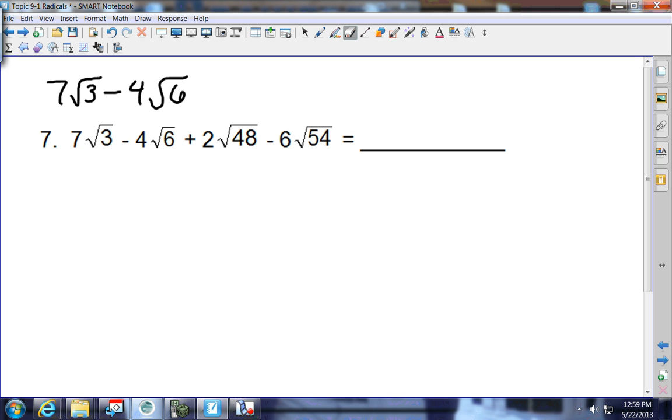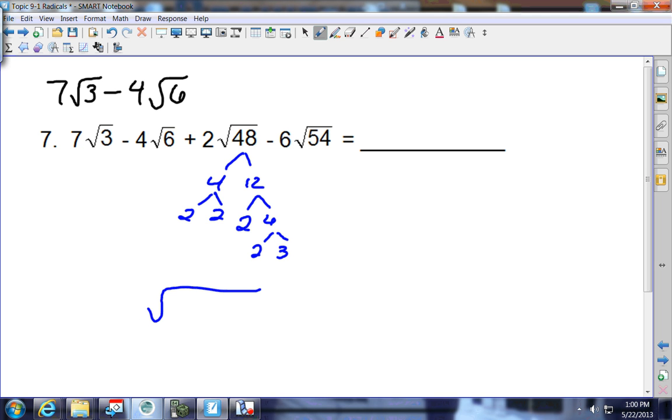But I have to look at 48. 48, 4 and 12 works. 4 splits up as 2 and 2. You can do 2 and 24. It doesn't matter. It's as long as the prime ones down at the end are all the same. 2 and 6. 2 and 3.